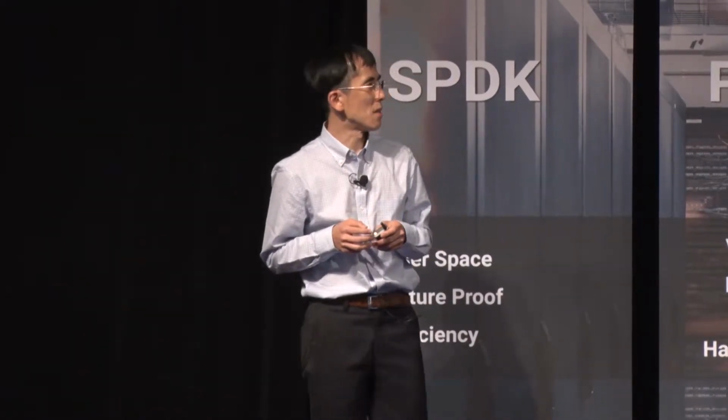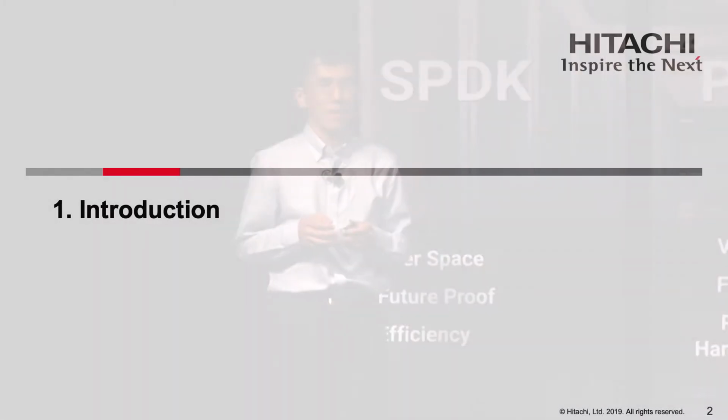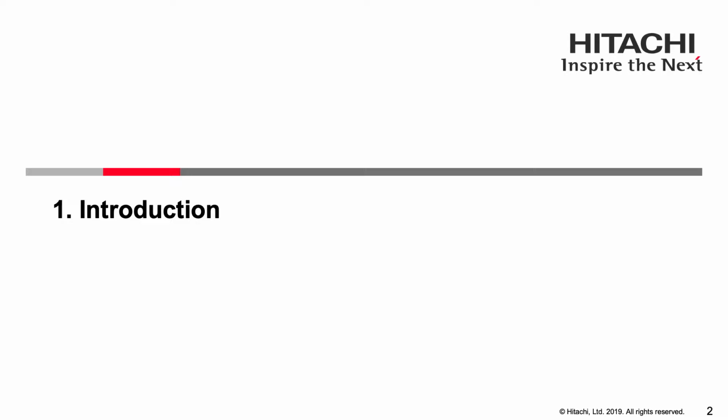To guard against data corruption, we have to implement data protection, but individual data protection doesn't span different layers and cannot prevent errors which occur between different layers. So end-to-end data protection is essential. Data Integrity Field, or DIF, is the standard one, so SPDK will utilize DIF to guard against data corruption.